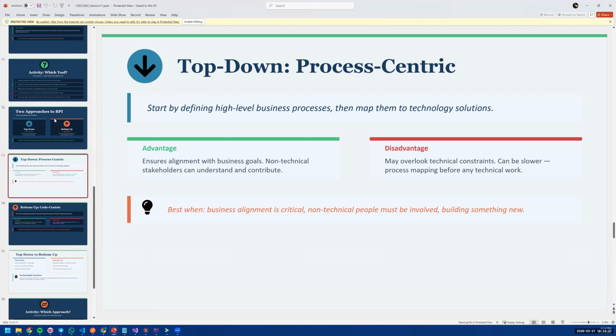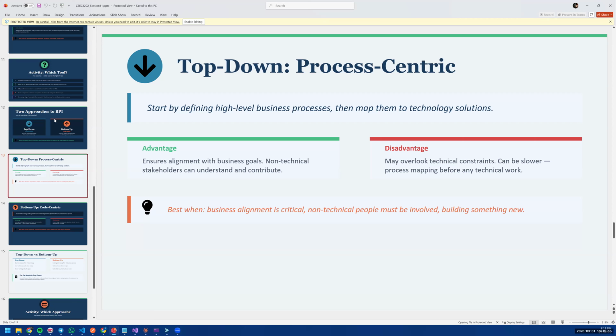Looking at the hospital example, you'd start by mapping out the entire patient care process from admissions to discharge. So from you enter the hospital to you leave. Then you'd ask, what happens at each step? Who is involved in each step? What data moves where in each step? And then you draw out the process first, and then you'd figure out which systems and tools will make each step happen.